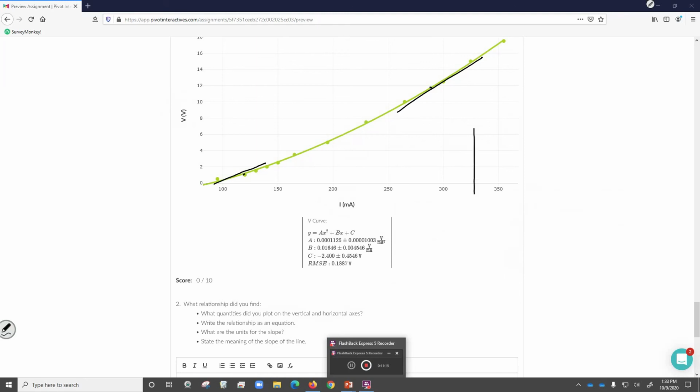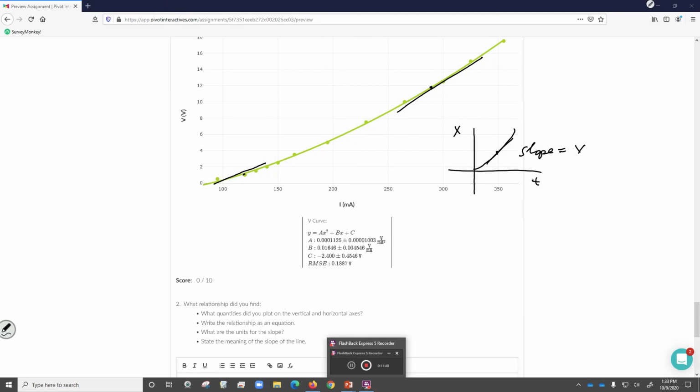Well, we could use a certain analogy. If we measure a position as a function of time and we get a quadratic function, we would say slope is equal to velocity, technically instantaneous velocity. So we could say here slope is equal to kind of an instantaneous resistance.